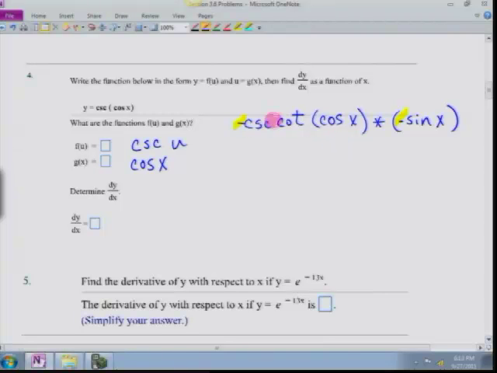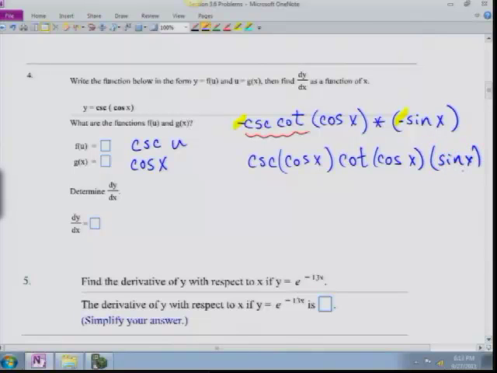Well, we're going to distribute this in the next step. Is that what you're worried about? Yeah, because there has to be an argument. And so the argument is right here. So this is actually cosecant of cosine x, cotangent of cosine x, sine x. Is that better?